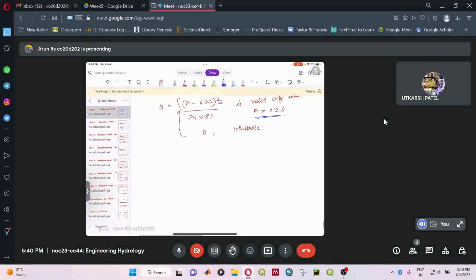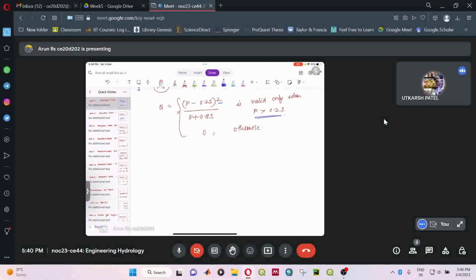Now, the next step is we are asked to find out the initial abstraction separately in the question. So we'll find out the initial abstraction that is happening in our catchment. We have found the initial abstraction.